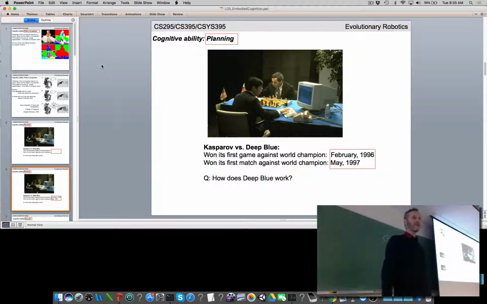Try to think of the possible moves and then which move would get to the best possible outcome. Absolutely, right? So this is known as a min-max tree, right? So there's the current state of the board, which is the root of the tree. I consider all the moves I might make right now, which becomes the next level in the tree. And for each of those possible moves I might make, what are the possible moves that Gary might make in response?